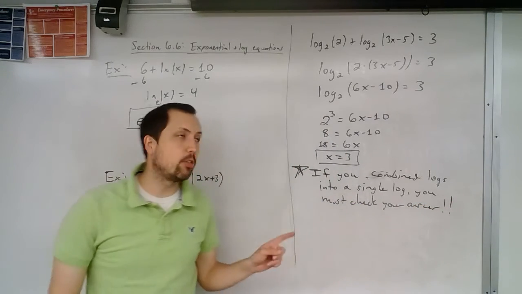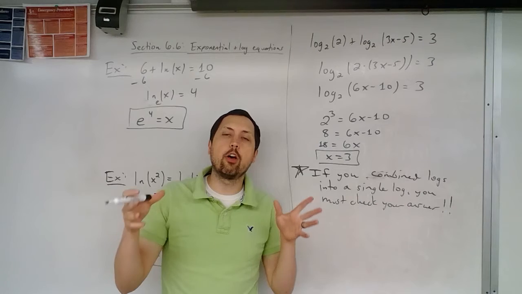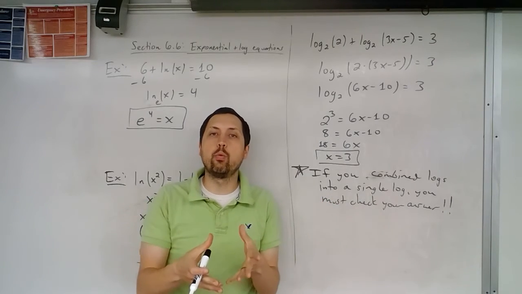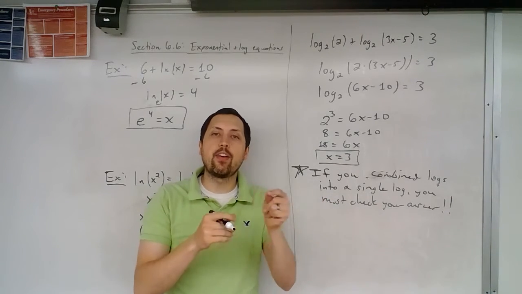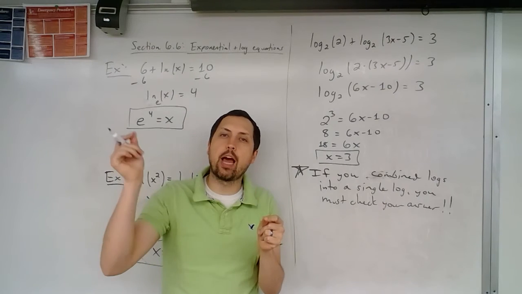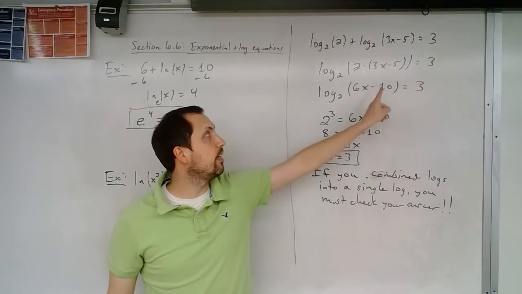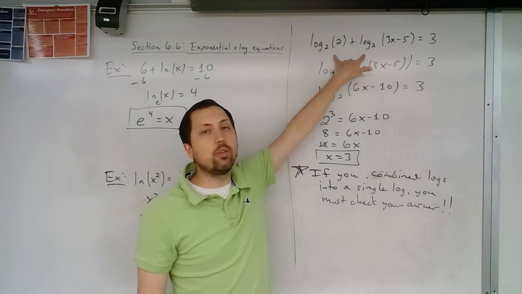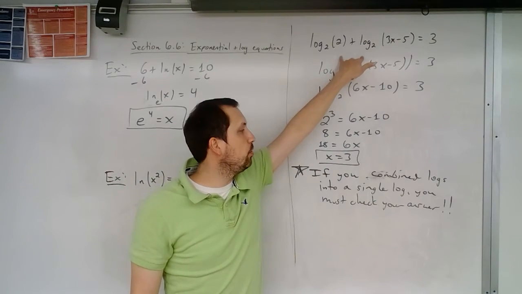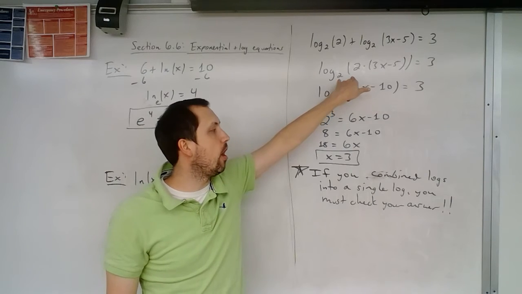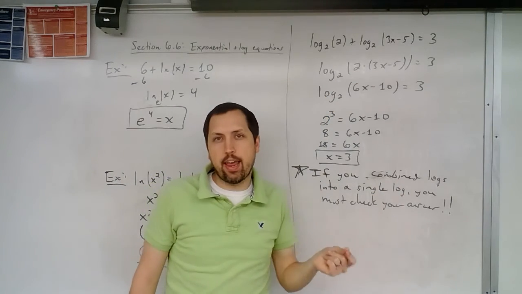This is an important step. So if we ever use any of those, I turn two logs into one, I combine them, or even if I bring a number in front into an exponent, we have to check our answers. So here, what happened was I have these two logs that I added. I combined them into a single log. I need to check my answer.